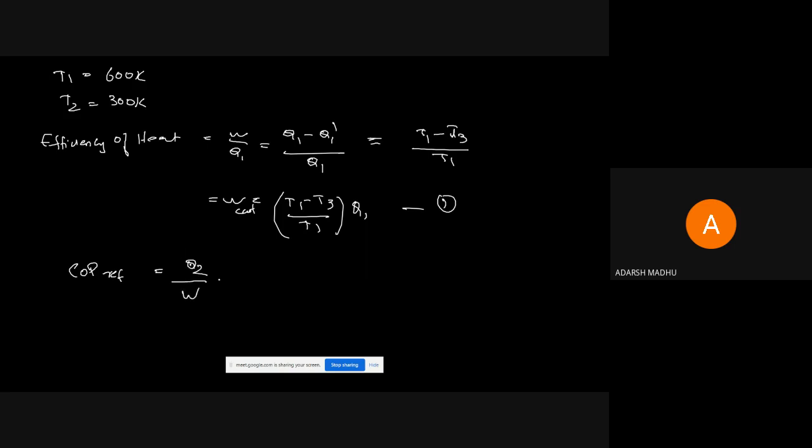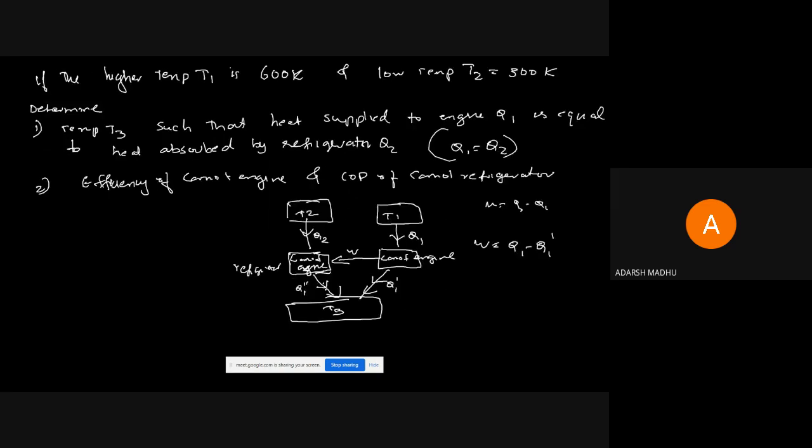We can write it as Q2 by Q1 double dash minus Q2, or we can also write it as T2 by T3 minus T2.